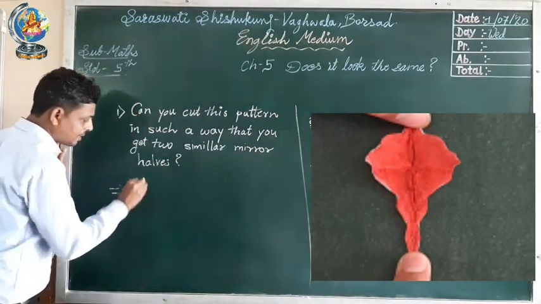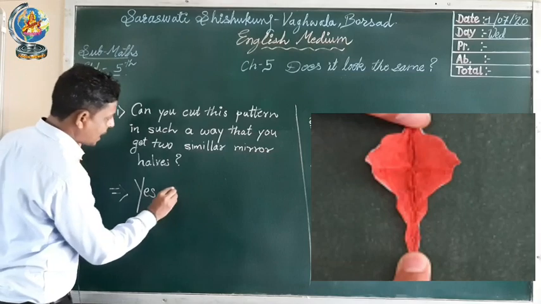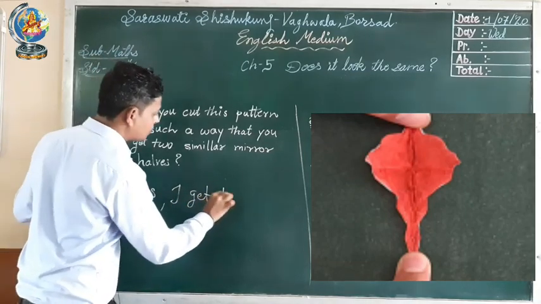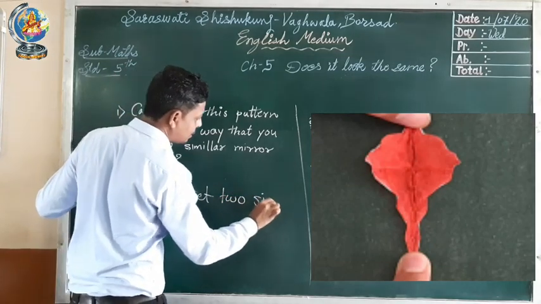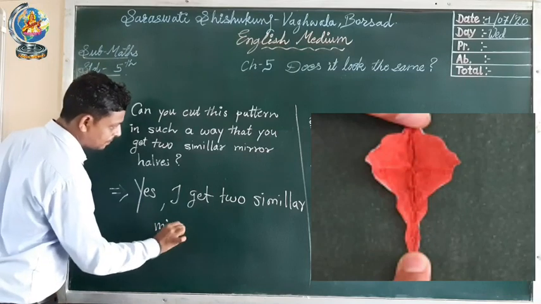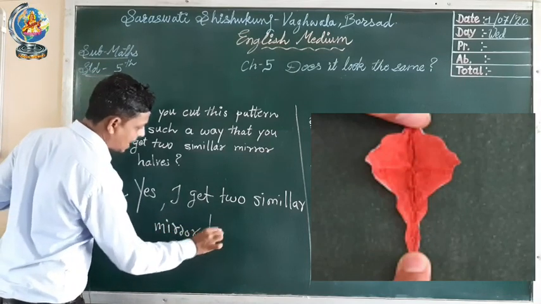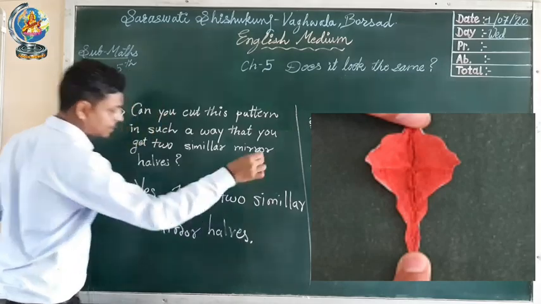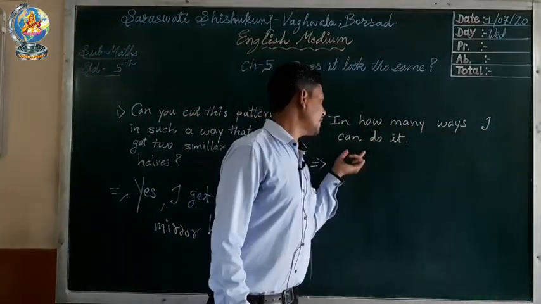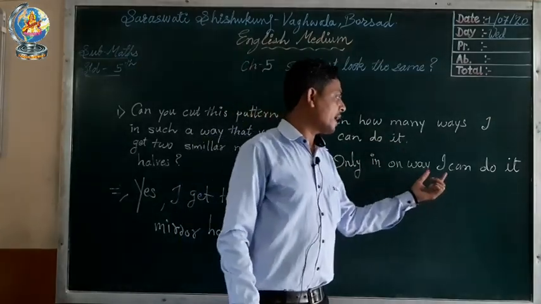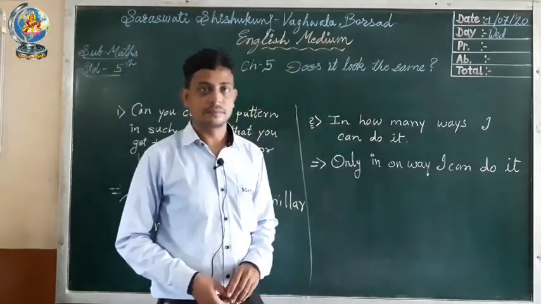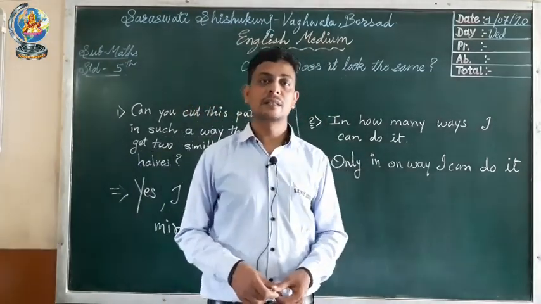So the answer is yes, I get two similar mirror halves. Now we go to the next question. In how many ways can I get it? Only one way I can do it. So this is the answer of the second question. Now we will move to the next topic.